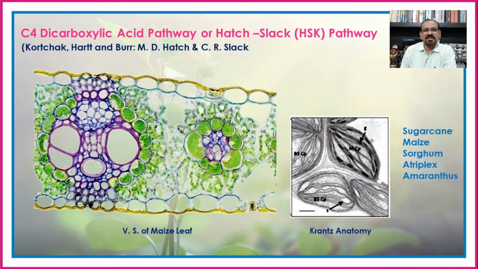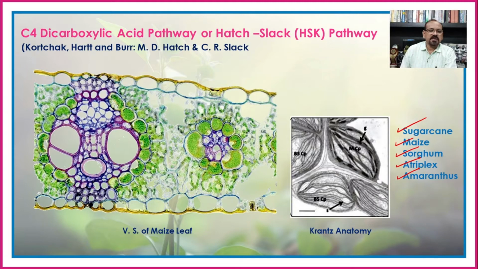So, what is that different type of the anatomical structure? In some of the plants, like the grasses and some other dicots also, like the sugarcane, maize, sorghum, atriplex, and amaranthus.